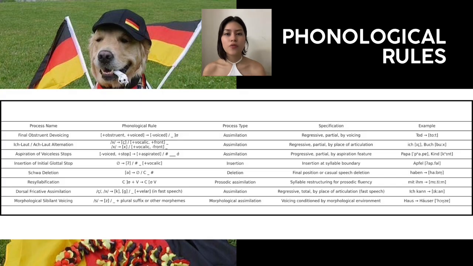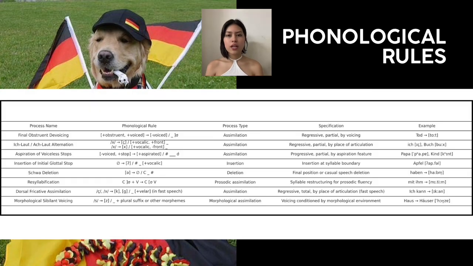The dorsal fricative assimilation. Its rule says that in rapid speech, dorsal fricatives assimilate totally to the following velar stop. Its type is regressive, total assimilation by place of articulation, and its purpose is to ease articulation speed by matching the place of successive consonants.